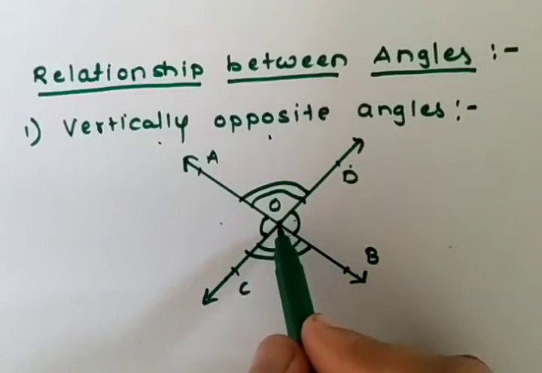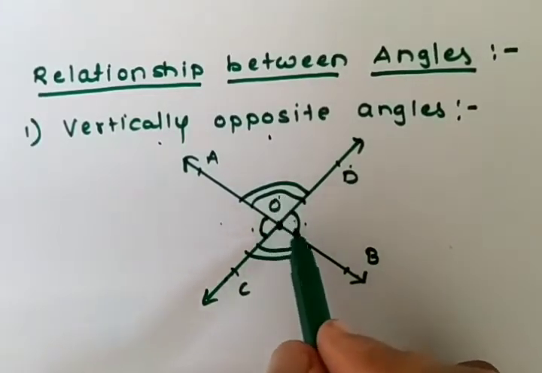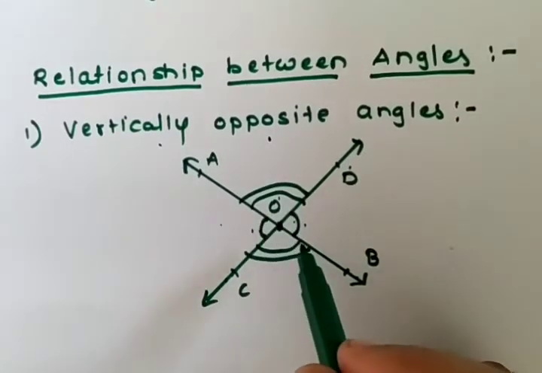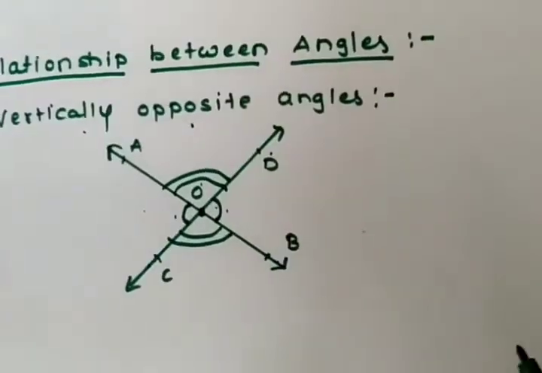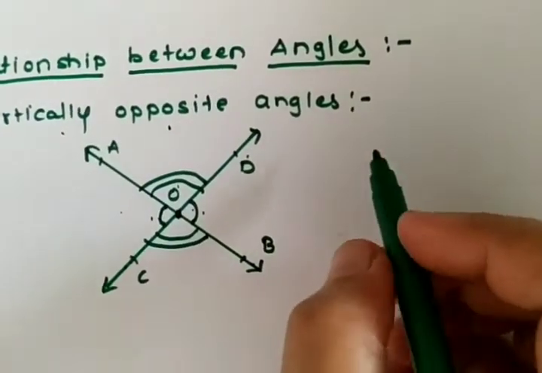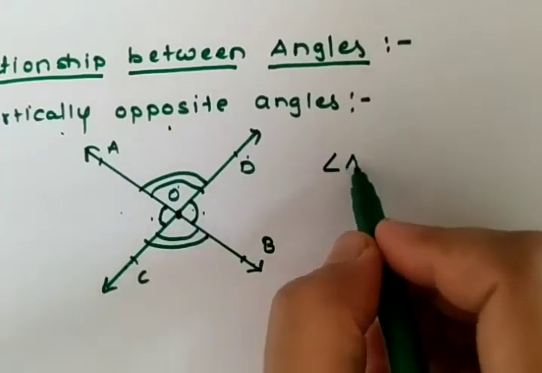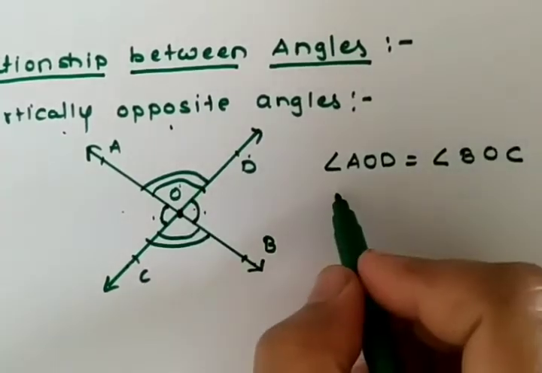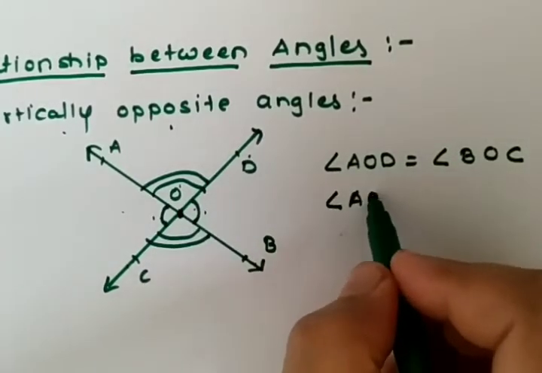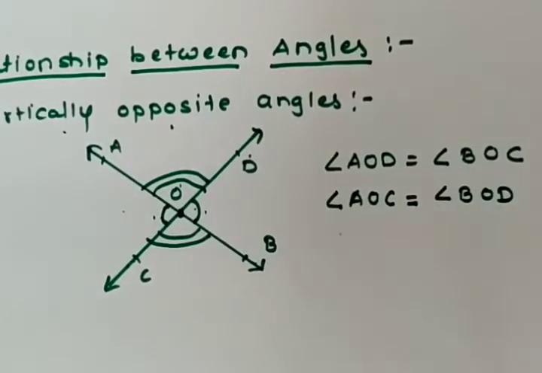Because these are lying on opposite sides of the vertex. And remember one property related to vertically opposite angles: the measurements of vertically opposite angles are always equal. That means angle AOD is equal to angle BOC and angle AOC is equal to angle BOD. This is the property of vertically opposite angles. Clear?